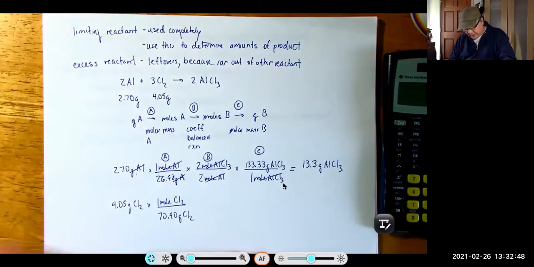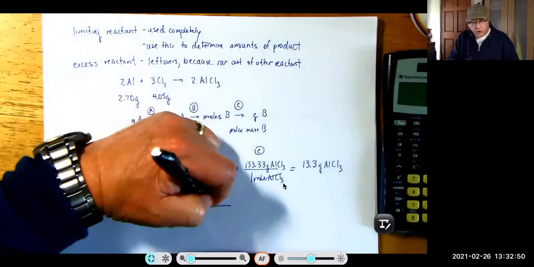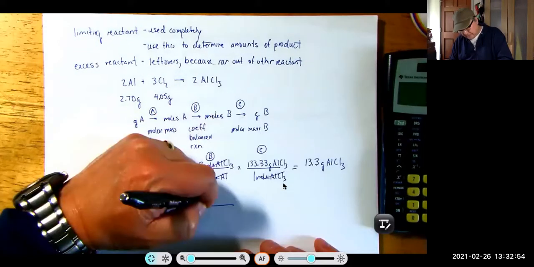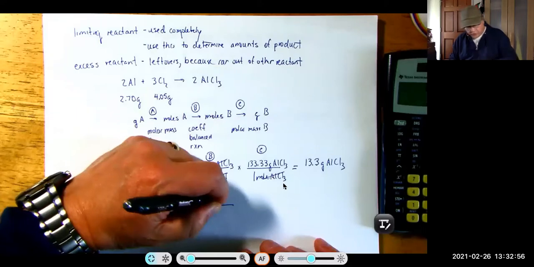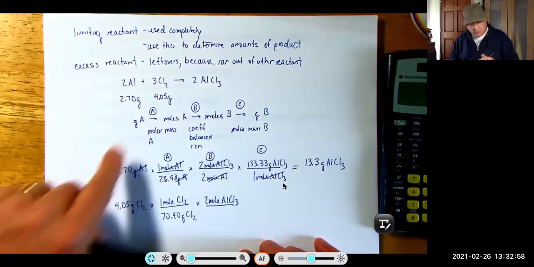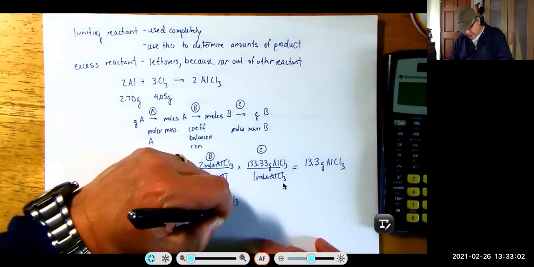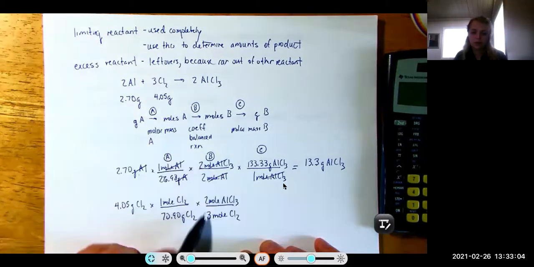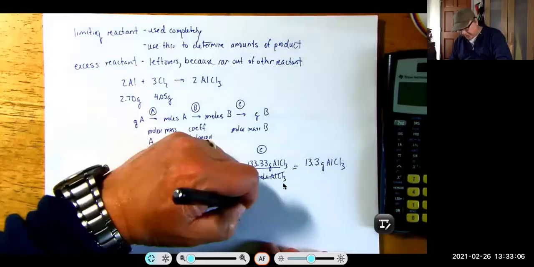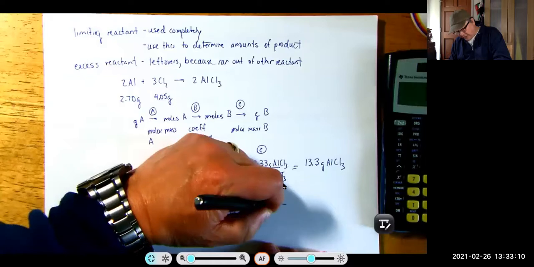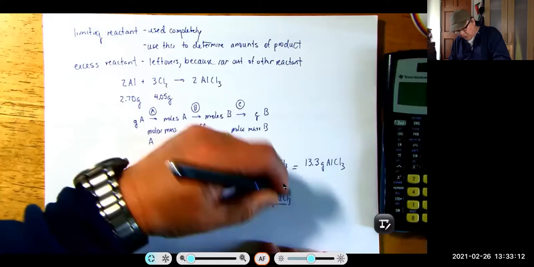And then I'm going to use 2 moles of aluminum chloride to 3 moles of chlorine. Do you see how that's not a 2 to 2? 2 to 3. And then I'm going to still use my 133.33 grams of aluminum chloride to 1 mole of aluminum chloride.